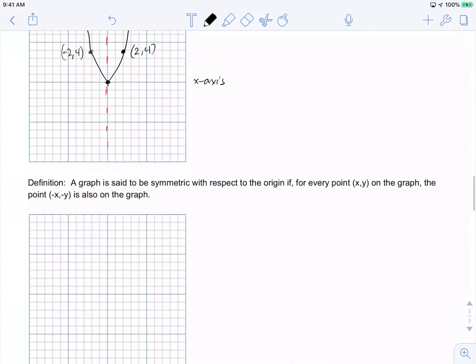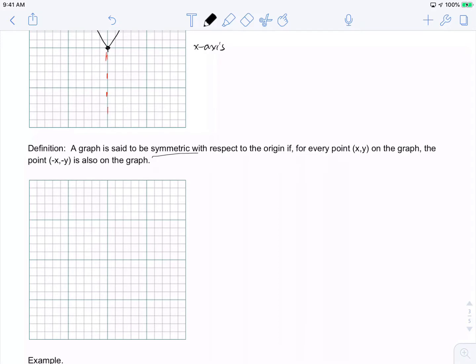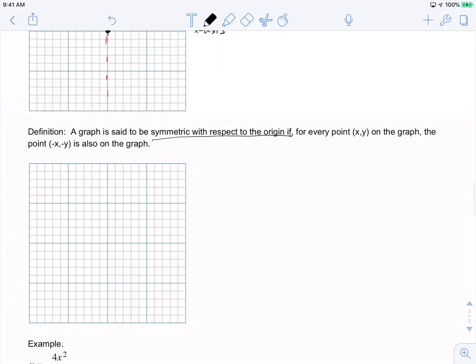Now, for the origin, and this one here is symmetric about the origin, we're going to see that there's a change for the values of x and y to be negative x and negative y. And again, let me show you a picture of that. So here's the x-axis. Here again is the y-axis.